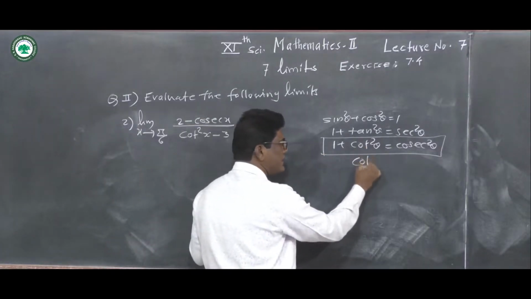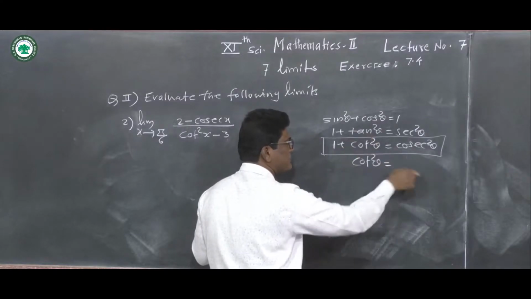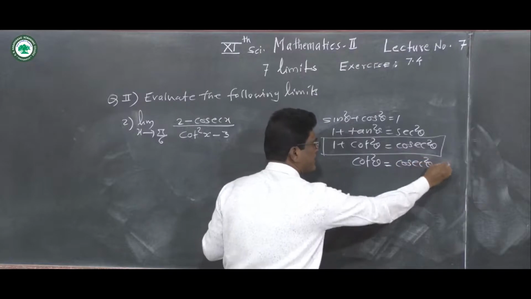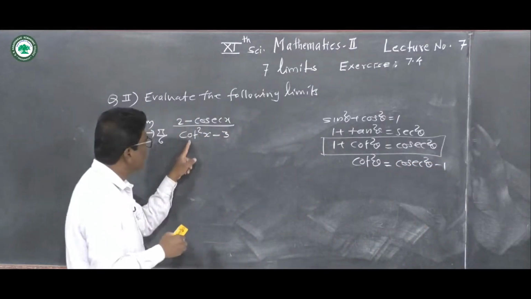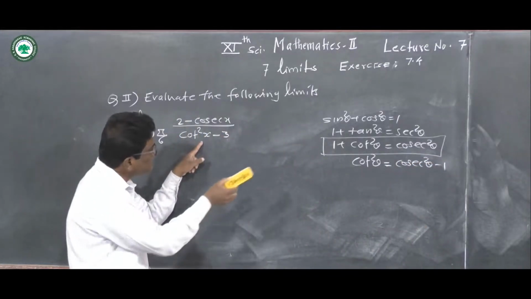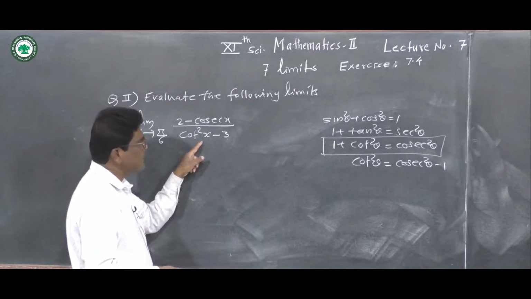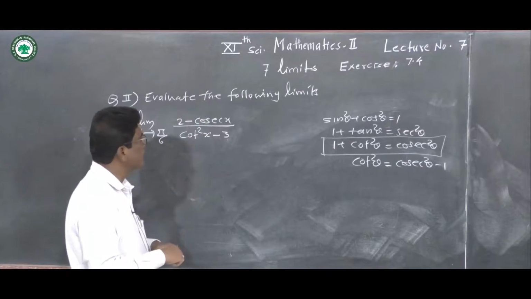So cot square theta is equal to, carrying this one to the right hand side, cosec square theta minus 1. So we put here cot square x as cosec square x minus 1. Only we replace that theta by x, since in the problem x is given.